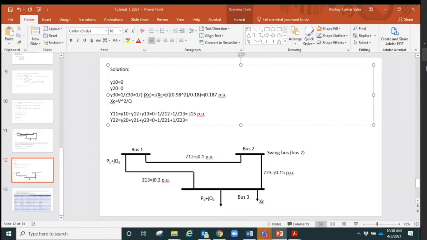What's the final answer for this one? j3.33. Is that correct? Can you check it?